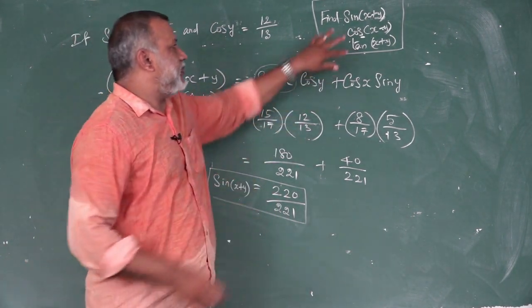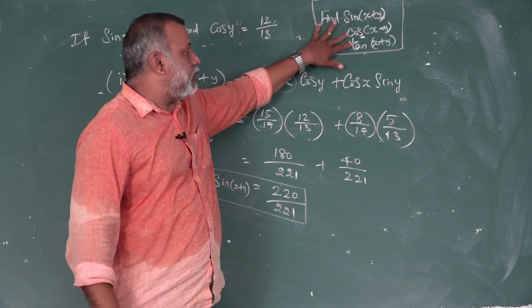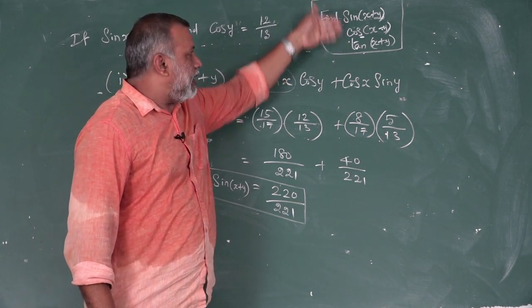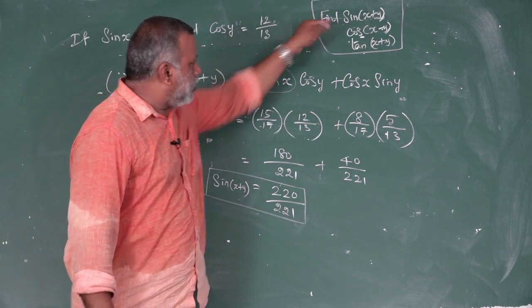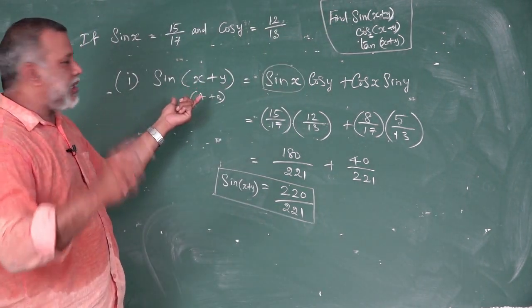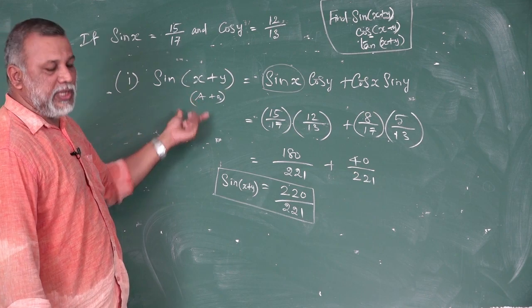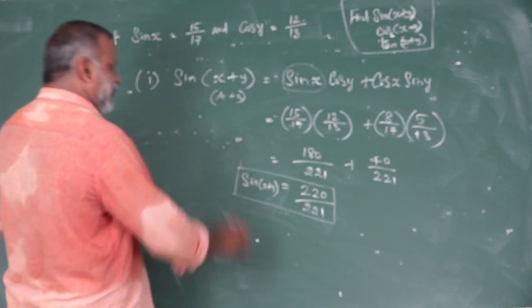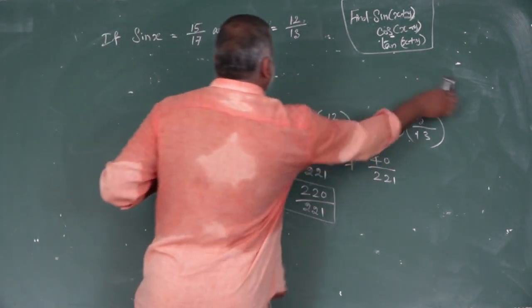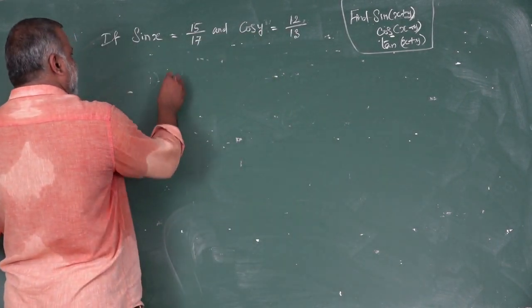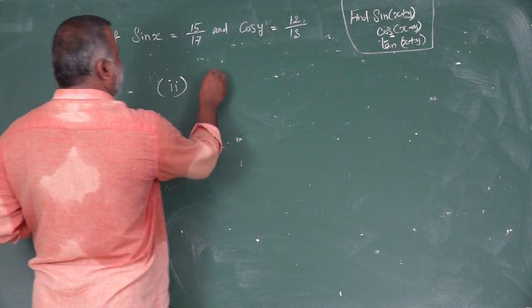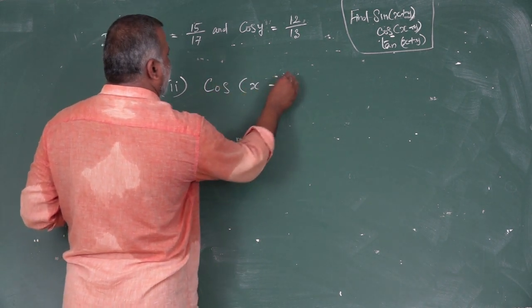Next two, this is your homework. You have to work out these two results. I already derived all the data and also one example. That means one work I have just finished, sin of x plus y. The second work is the same way. Listen, I expand the formula. Your work is just to input the data and substitute. See here, cos of x minus y.